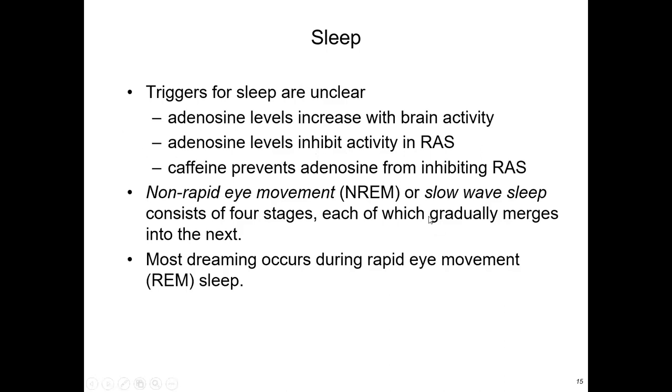There are several ideas out there just how sleep comes about. In addition to the nerve impulses from the reticular activating system, there are theories that chemicals must be involved in the brain. And this is what you see here, this idea that caffeine can prevent us from falling asleep because it counteracts the chemical adenosine in the brain.